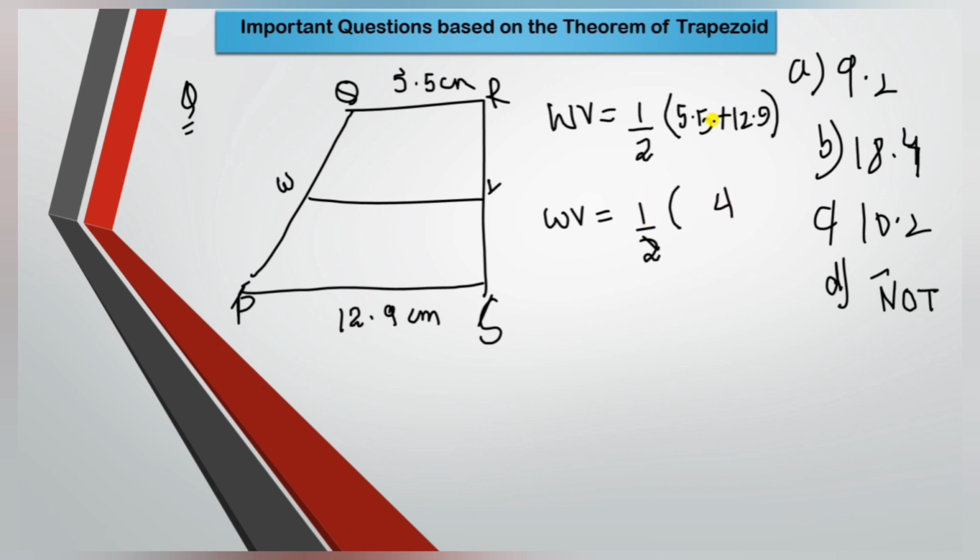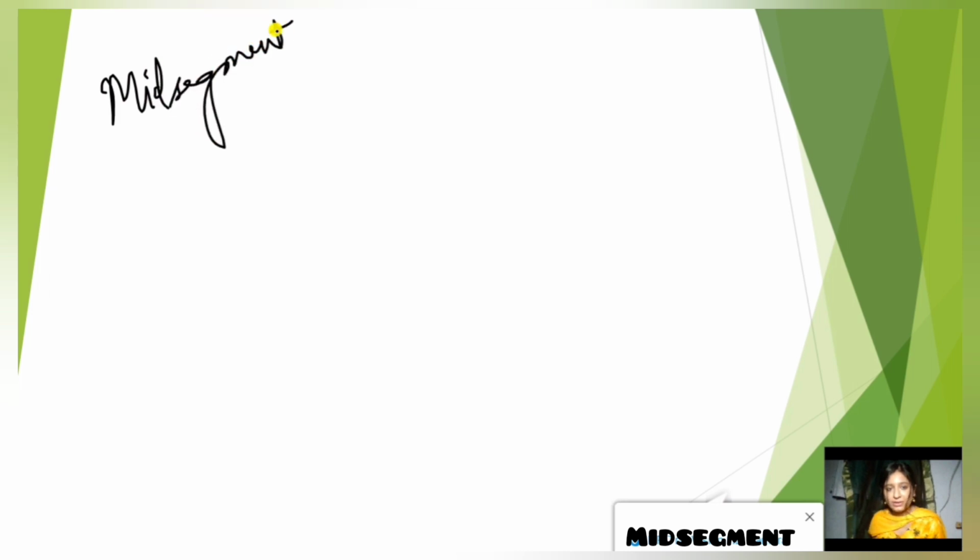Now 5, 6, 7, 8, point 18.4 will be our sum. Now if you take half of 18.4, you will directly know that the answer is 9.2 centimeter. It means option A is the correct answer. So this is how we will do the rest of the questions. I hope you have understood how to solve questions based on mid segments.